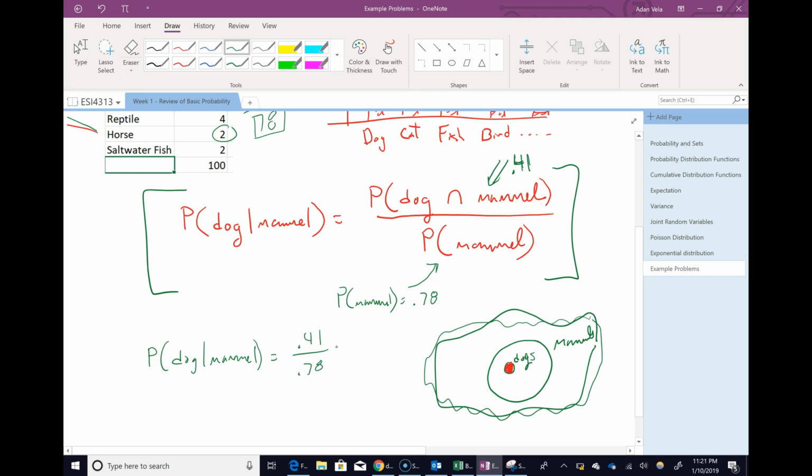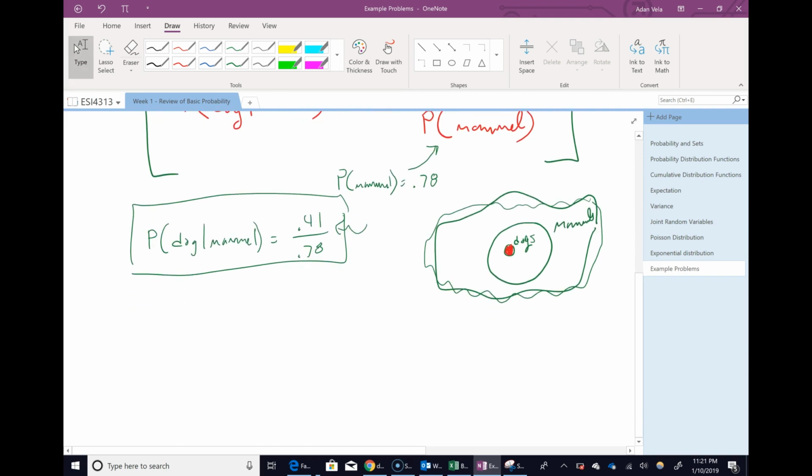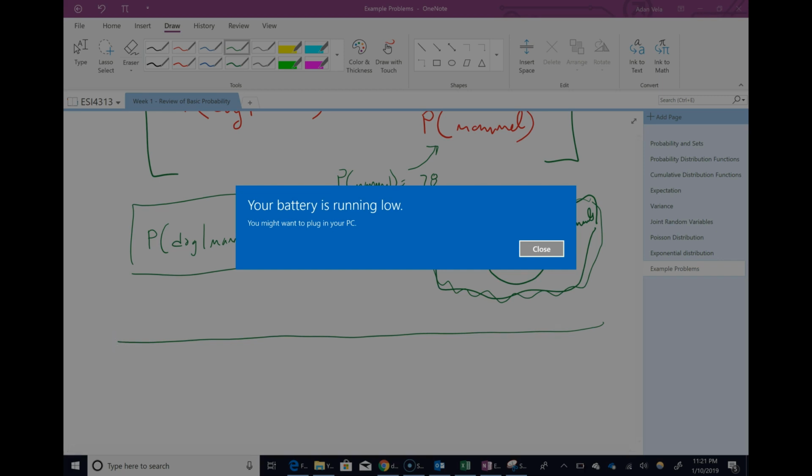If you're ever on an exam, that's sufficient for me. You don't need to calculate that value. That's fine. So let's ask a different question.